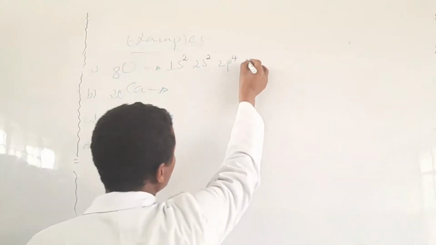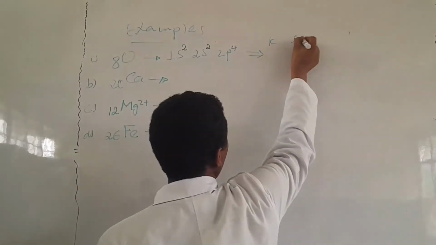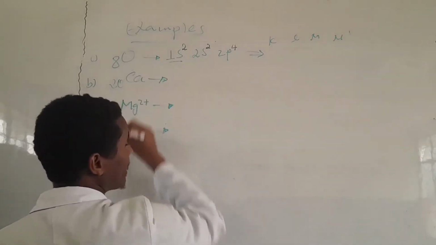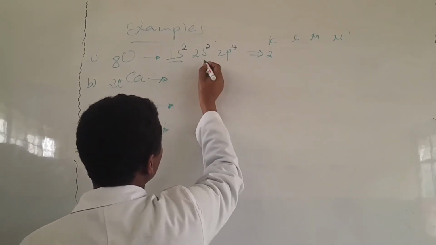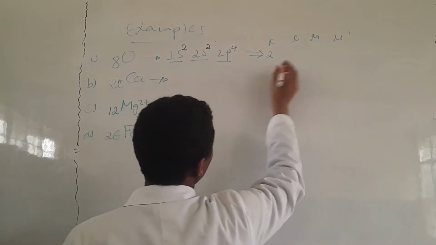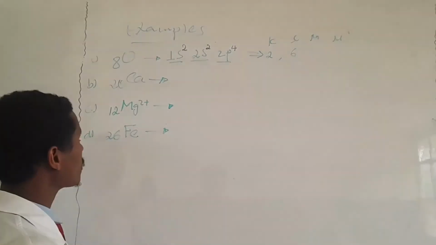You can convert this into main energy levels, that means K shell, L shell, M shell, N shell. The first shell, 1s, holds 2 electrons. The second shell holds 2 electrons for 2s and 4 electrons for 2p, totally 6 electrons. You can write 2, 6 for oxygen.